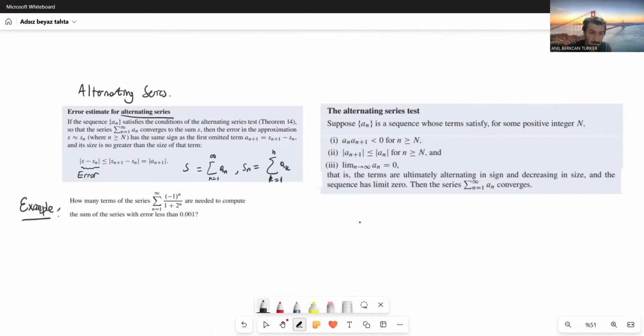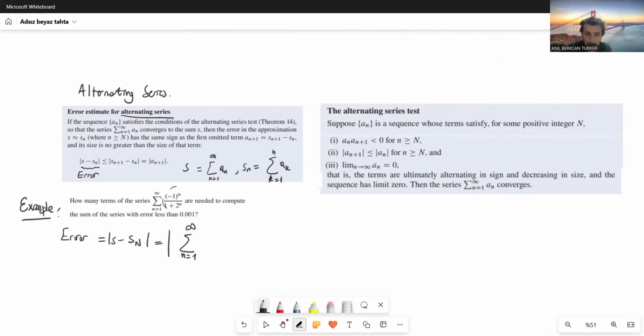So the error is S minus Sn. Let me use Zafer Hoca's notation, he always uses this big N. In our case it goes to infinity from one.